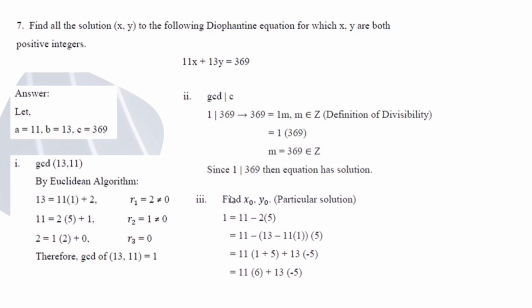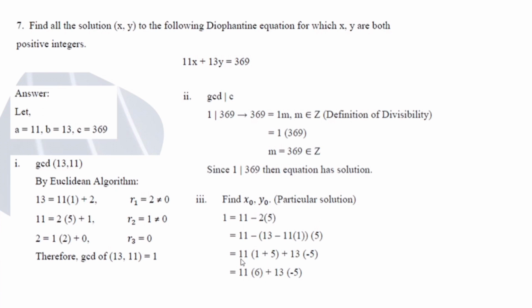Next, for the third part, we should find the initial x and initial y as the particular solution. Here, to get the value of 1, first we try 11 minus 2 times 5, where we still get 1. Next, 11 minus (13 minus 11 times 1) times 5, where we still get 1.